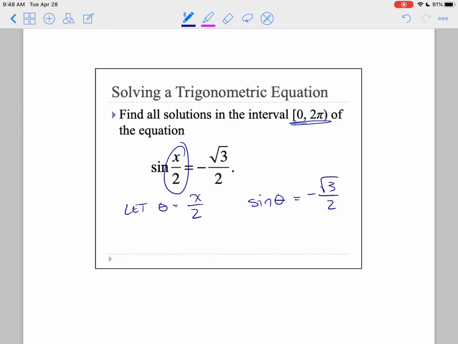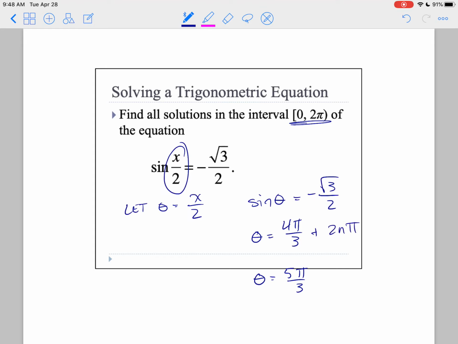So sine of theta equals negative root 3 over 2 in the third and the fourth quadrant, because that's where the y coordinate is negative. So theta would equal, we're pi over 3 past pi, so that's 4 pi over 3. And theta would also equal 5 pi over 3, just pi over 3 short of 2 pi.